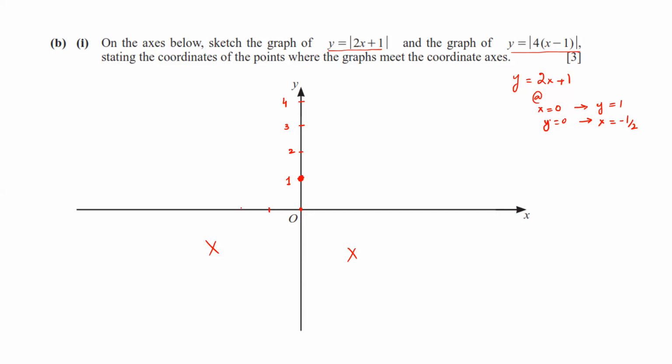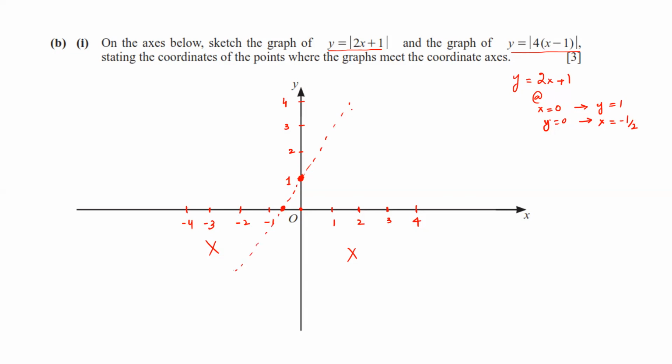So say this is my 1, 2, 3, 4, and minus 1, minus 2, minus 3, minus 4. So the value of this will be somewhere here. If I draw a straight line, it would look something like this.